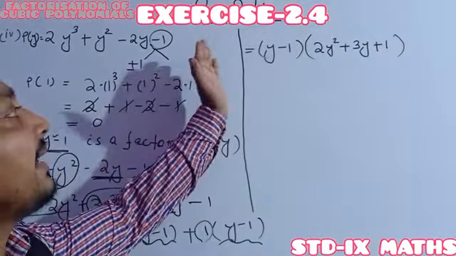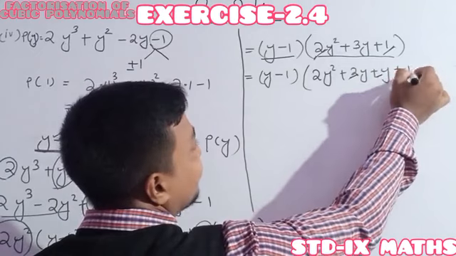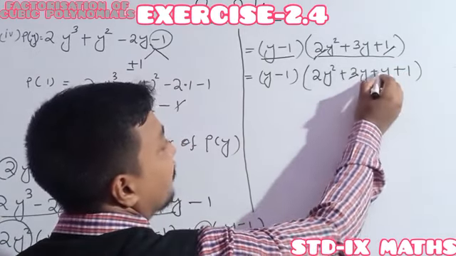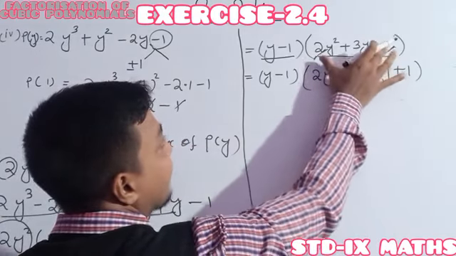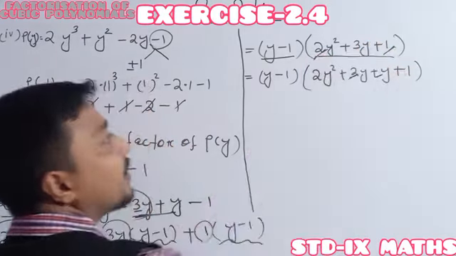So the easy trick is, 2y square, here it is 2y plus y. 3 can be broken as 2, 1. 2y plus y equals 3y, also 2 into 1 equals 2, the same as the product.